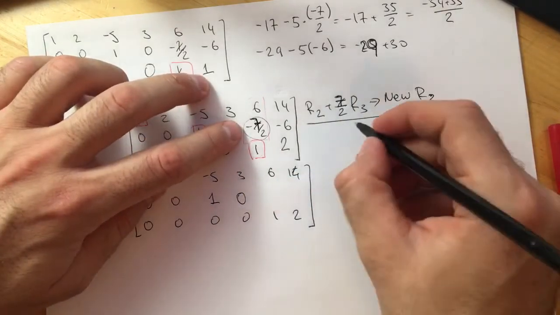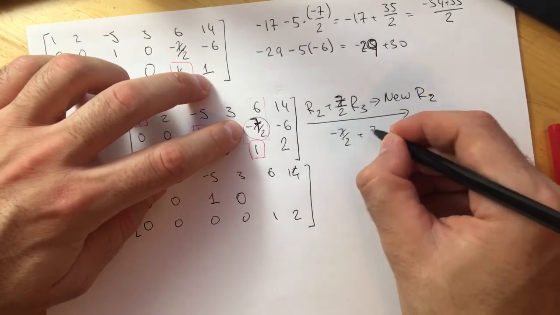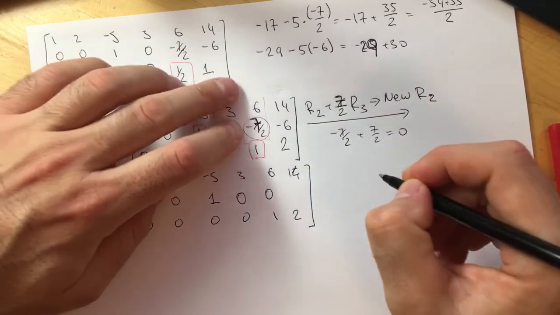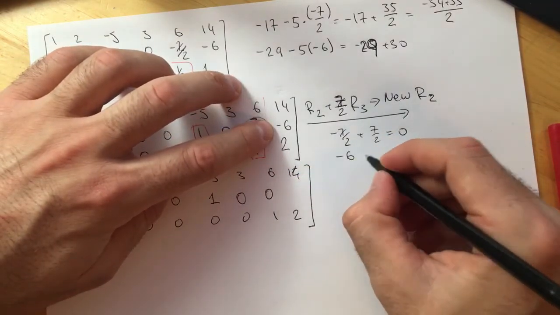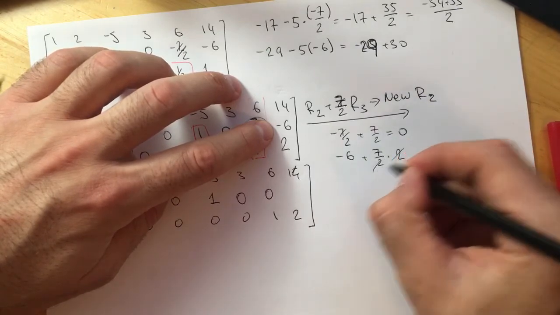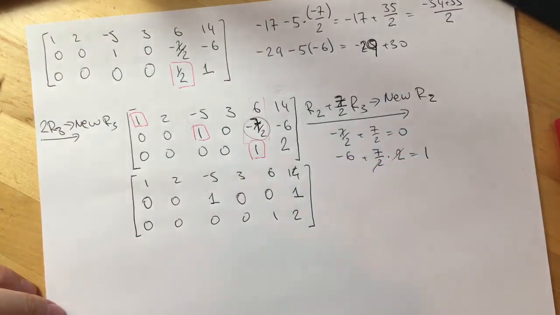And here I have negative 7 over 2 from row 2 plus 7 over 2 times 1, well, that's 0. And this one here, negative 6 plus 7 over 2 times 2, these two cancel, negative 6 plus 7 is 1.